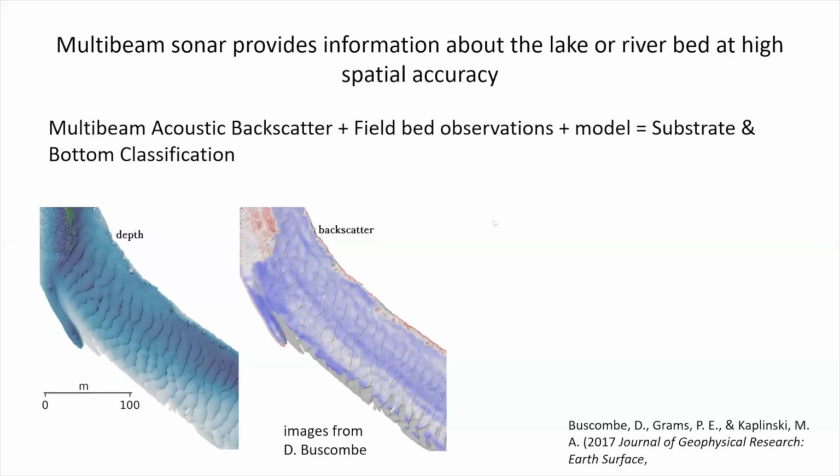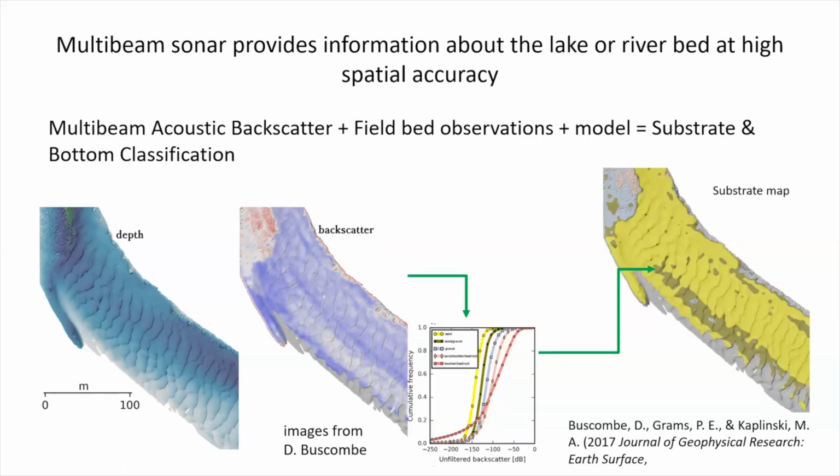So for example, these are data that were collected in a riverine environment where you can see that there's this map of acoustic backscatter, some information about the substrate at key locations that provides ground truth information that's used to develop a model. And then that model is used to create a map of the types of substrate. So in this case, it's sand and gravel, and rock within this river system.